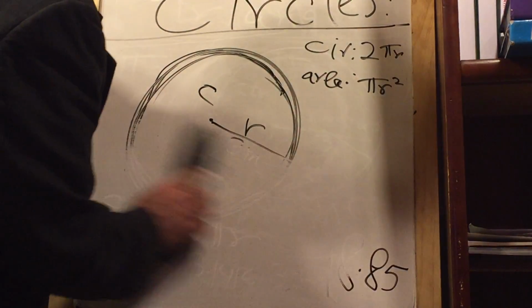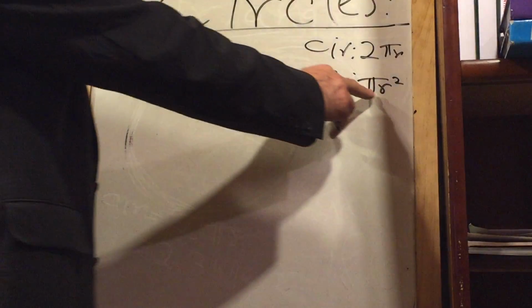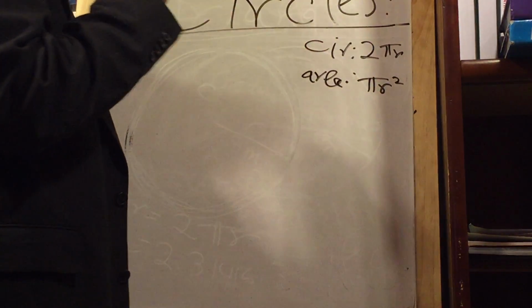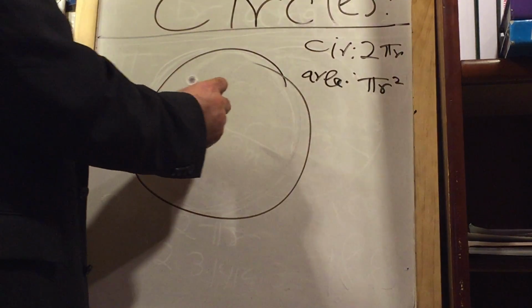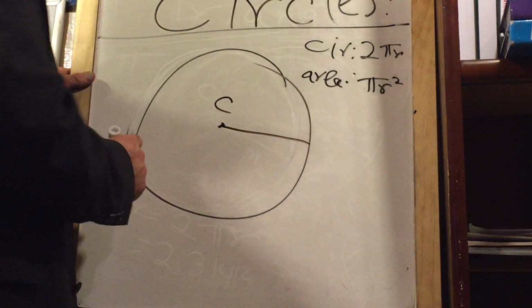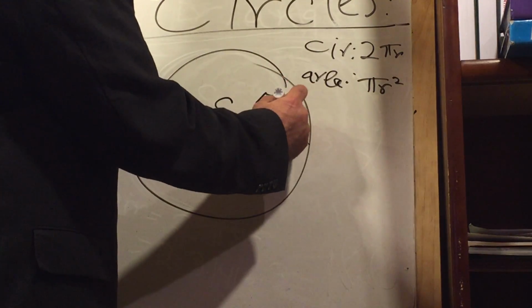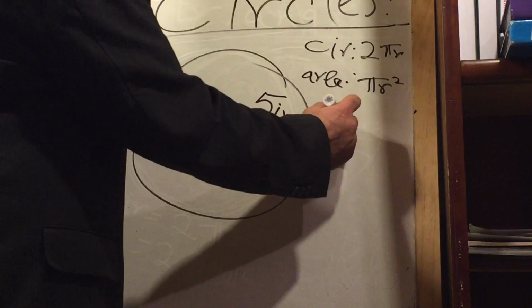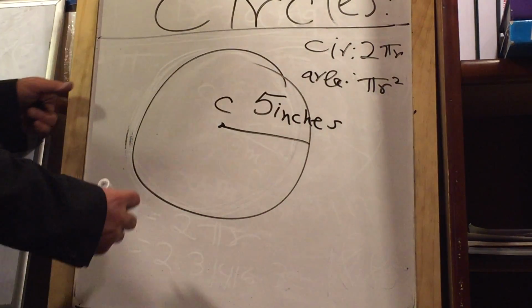Okay, this is the circumference. Now the area is pi times r squared. So if we have a circle with center C and radius, let's say, 5 inches or 5 meters or 5 miles, if you will, the area is what?